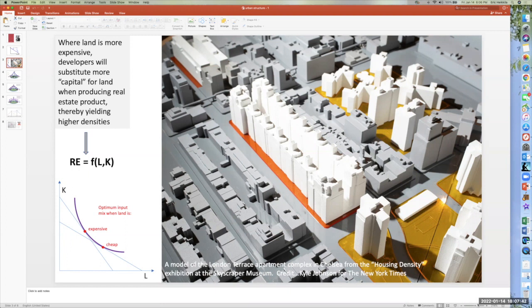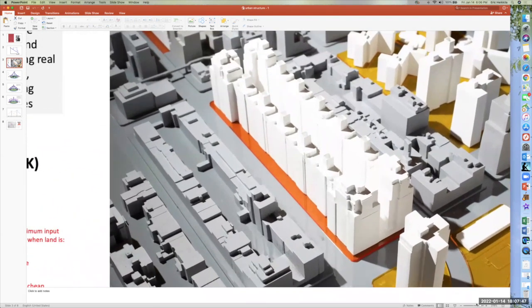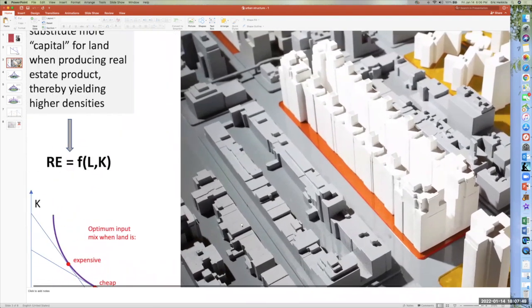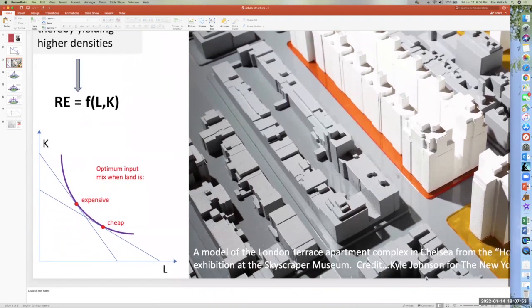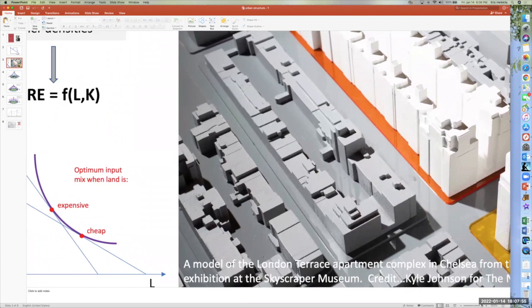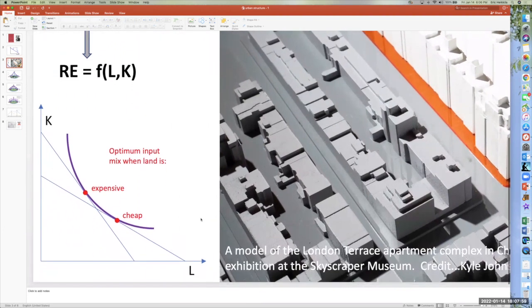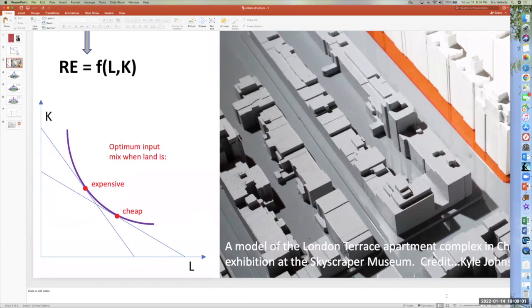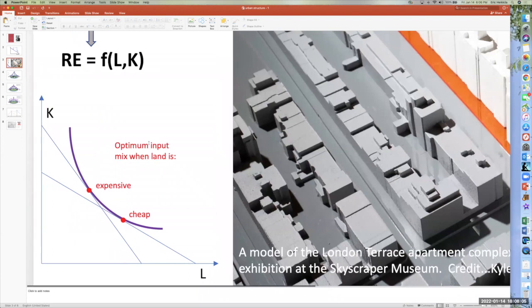Now, from a microeconomic production perspective, we can think about developers who are producing homes or office buildings, etc., and think of two basic factor inputs to that production. One is land, and the other is, we'll call it capital.